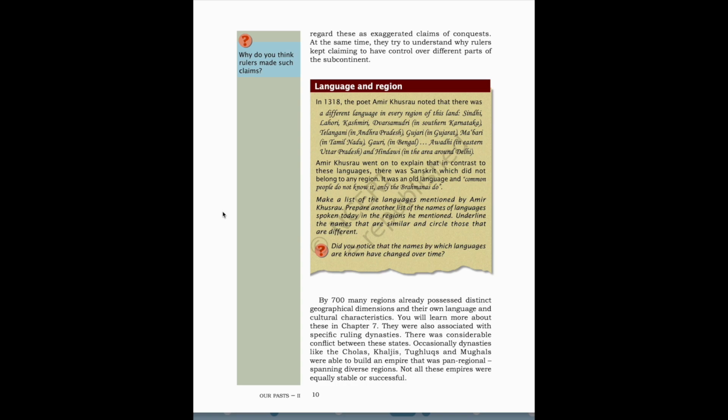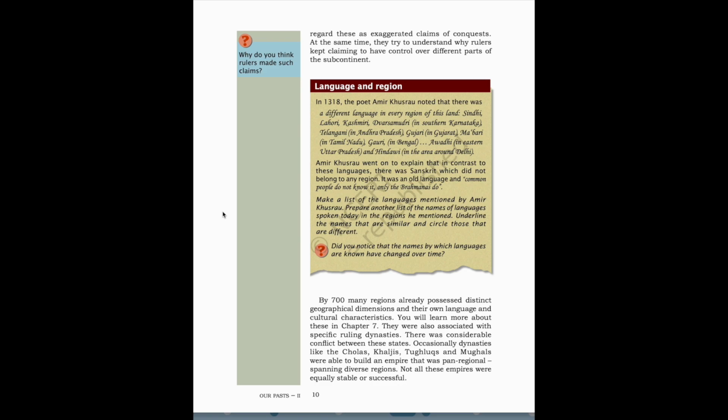Language and region. In 1318, the poet Amir Khusro noted that there was a different language in every region of this land: Sindhi, Lahori, Kashmiri, Dwar Samudri in southern Karnataka, Telangani in Andhra Pradesh, Gujari in Gujarat, Mabari in Tamil Nadu, Gauri in Bengal, Awadhi in eastern Uttar Pradesh, and Hindavi in the area around Delhi.